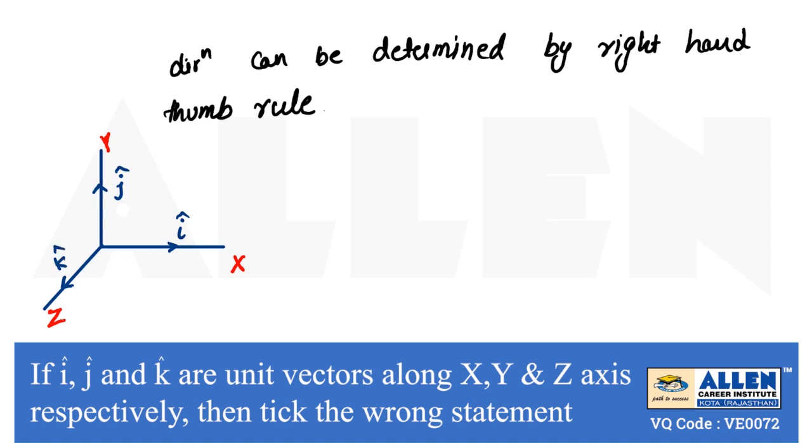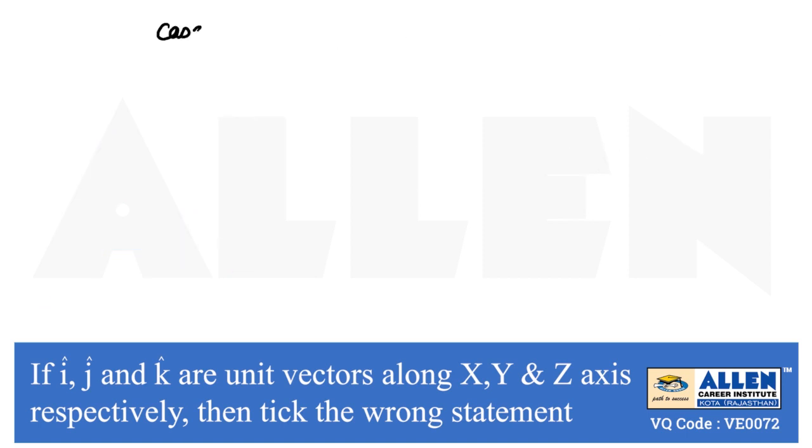Therefore the answer is i cross j having magnitude 1 and n cap is the direction which is coming out, k cap, meaning i cross j will be equal to k cap, which was given, so this statement is also right.